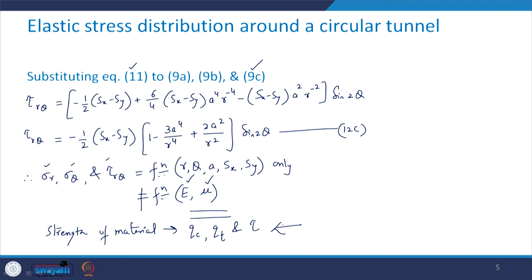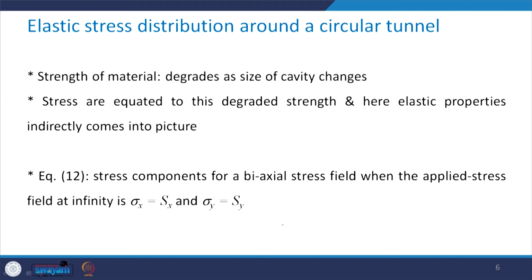We will discuss this in more detail a little later in this class. Now, the strength of the material reduces as the size of the cavity changes. Stresses are equated to this degraded strength, and here the elastic properties indirectly come into the picture. So, we need to be careful.